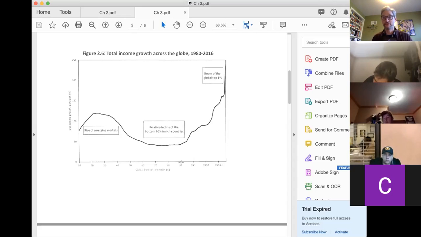It's been great for the global rich. It has not been nearly as good for the global middle class. And a lot of those global middle class or global upper middle class are Americans, right? So yeah, this graph really tells you a lot about what's going on in our politics.